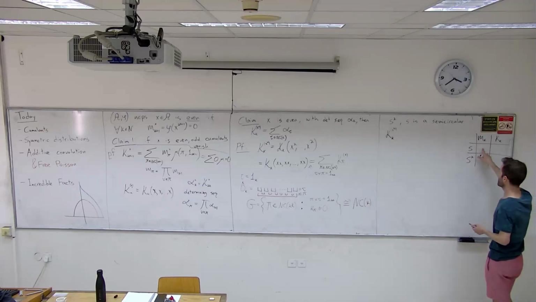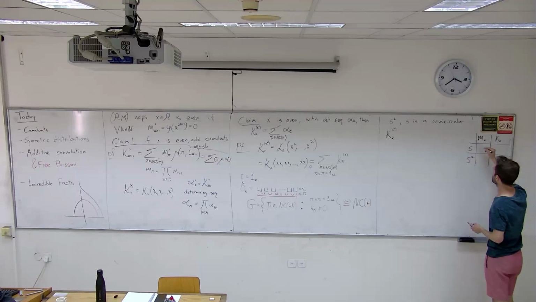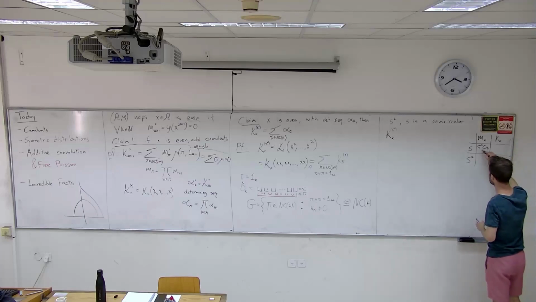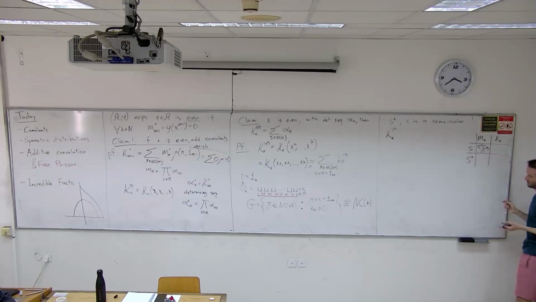The moments of S, we already know, are sigma to the K times the Catalan number of K half for the even ones, and 0 for the odd ones.